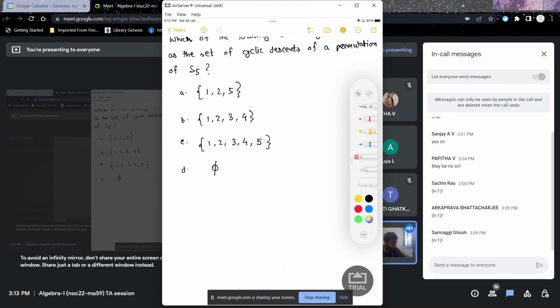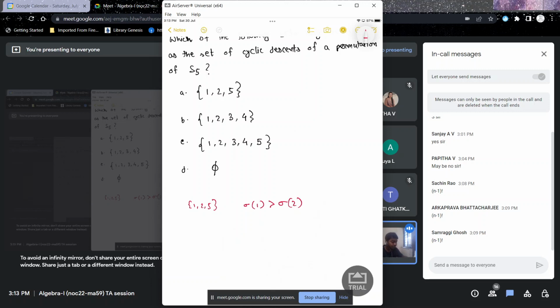So let's start with the first set, and just a bit of thinking will let you see that indeed this first set is actually the set of cyclic descents of some permutation. Which permutation? So observe. If we are considering the first set, that is the set 1 to 5, and if this were the set of cyclic descents of some permutation sigma of S5, then since 1 is a cyclic descent, sigma of 1 should be greater than sigma of 2, right?